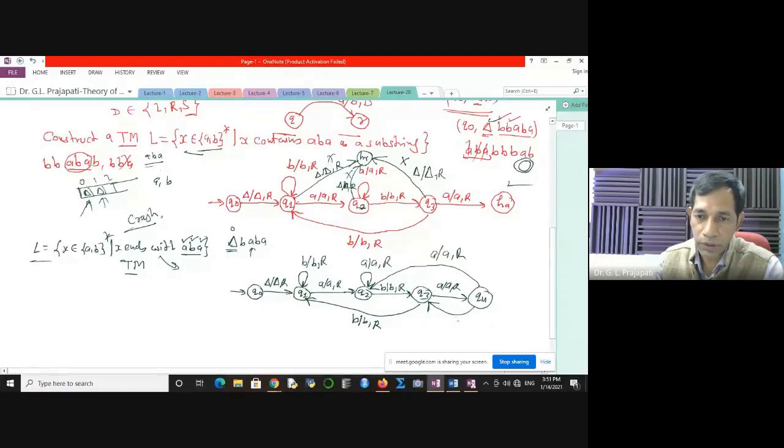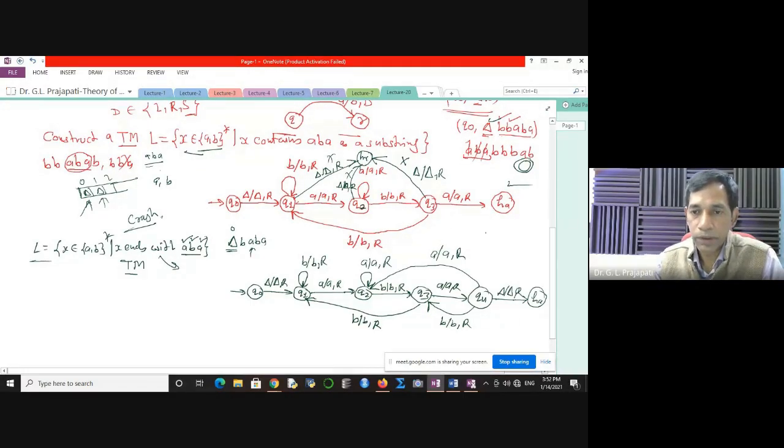This is for the case of B. Once your machine observes the symbol blank, replace with blank, go to the R, and this is the HA state. And you go to the halt state.